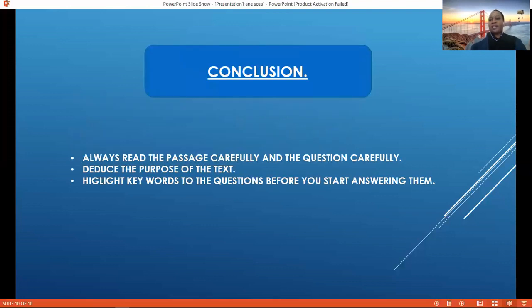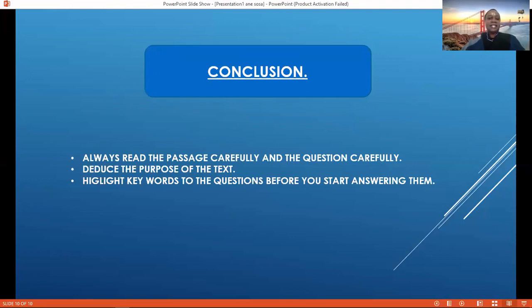I want to highlight a few things before we come to the end or to the close of our lesson. I have put that all in bold or in capital letters so that we remember. Always read the passage carefully and the questions carefully.